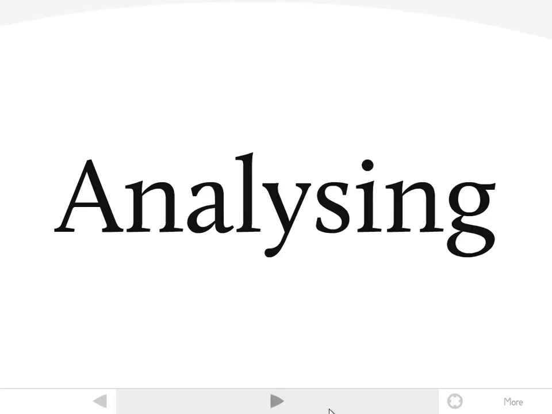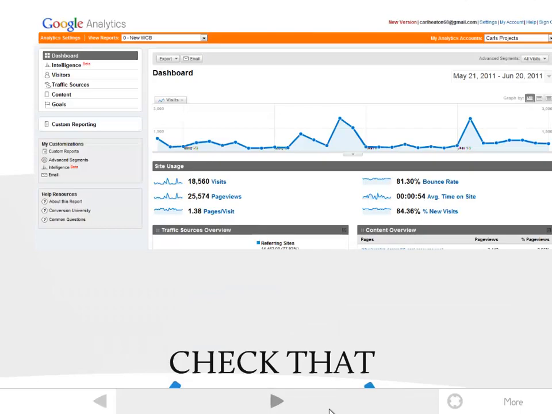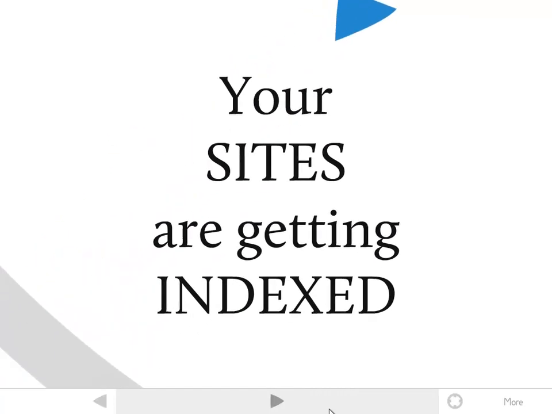Not always can I find out if somebody is sitting here today because of that banner. But I can with this. I can find out where people are coming from, what people like, what people don't like. It tells me whether my site is being indexed, whether people are finding my content.